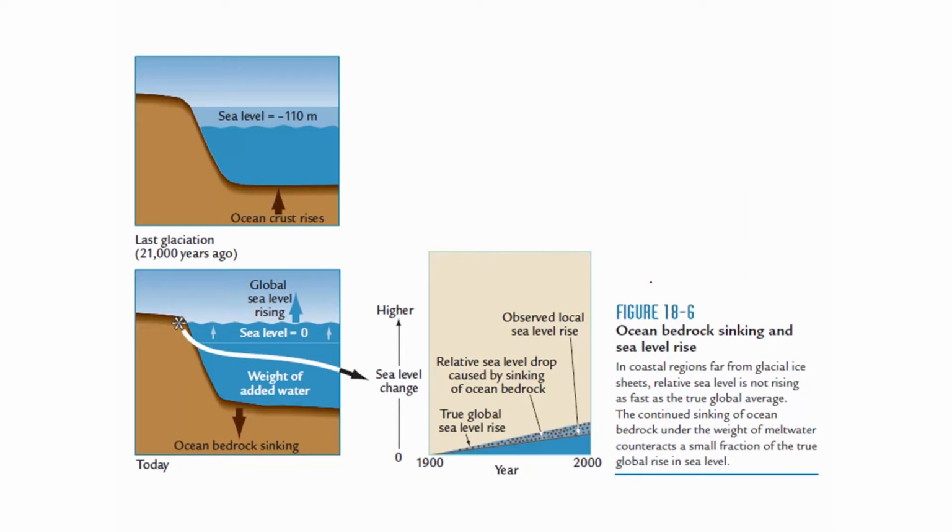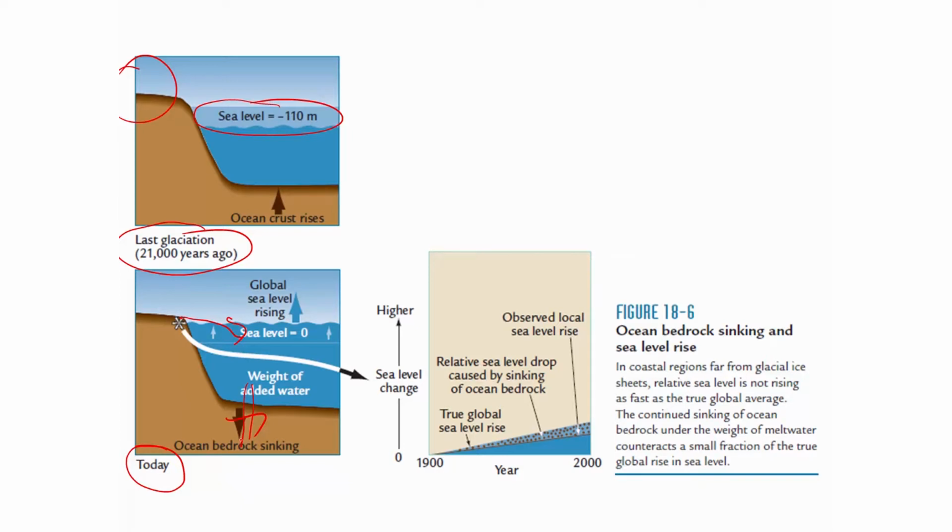What does that mean? If you think about the glaciation, when the water was removed from the ocean and locked up on land, the ocean crust would have risen because you removed a lot of the weight, and as the deglaciation happened, that water has flowed back into the ocean and the ocean bedrock is being pushed down because of the weight.